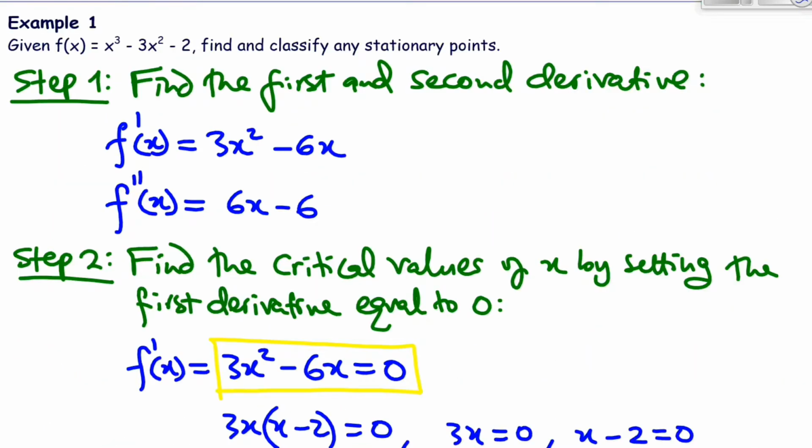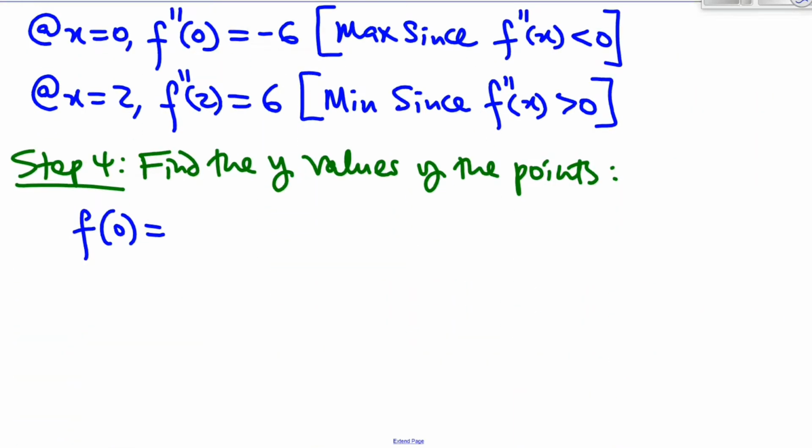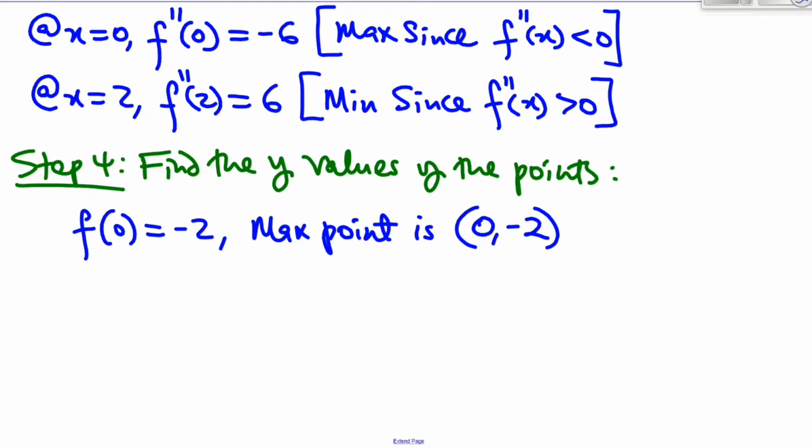The original function is what you had in the beginning, f of x, this guy here. So you plug in 0, and that will be equal to negative 2, which means that the maximum point is 0, negative 2. So you have the coordinate of the maximum point.